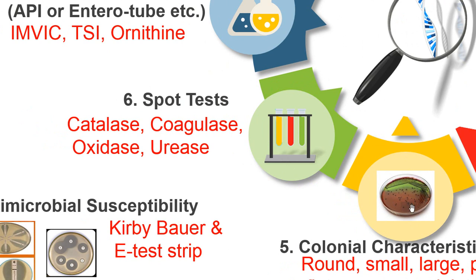From here, you can also see a special technique of growing these bacteria. This is called the four quadrant method, and the purpose of this special way of growing bacteria is that at the end, or in the center of the plate, we can have individual colonies. These individual colonies are identified on the basis of their texture and colony characteristics, and are also picked for further spot tests to check the utilization and production of different chemicals during their growth.